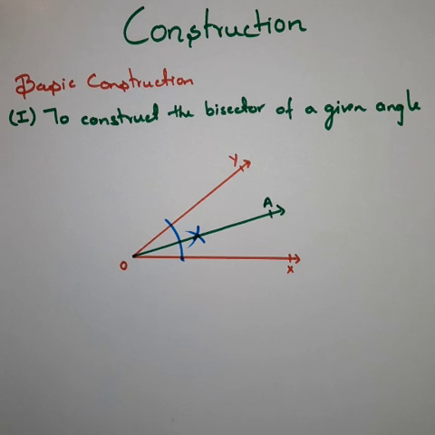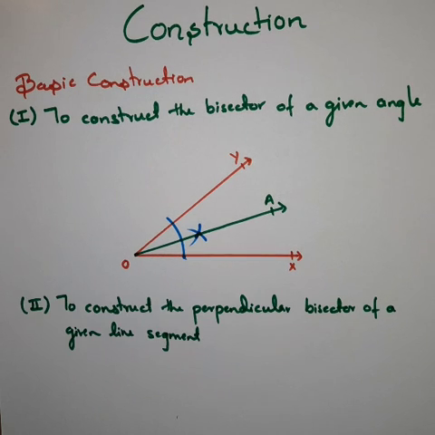Next construction is to construct a perpendicular bisector to a given line segment. I'll consider a random line segment, say AB.